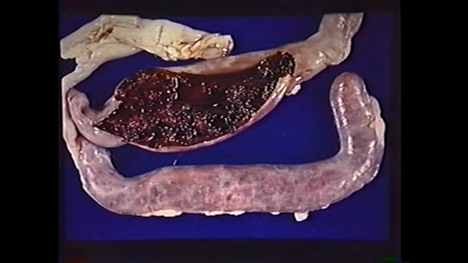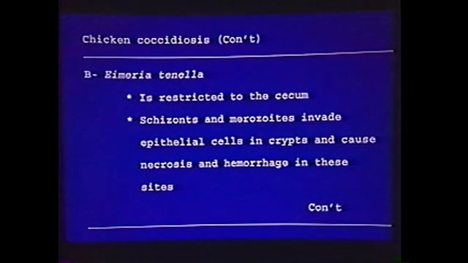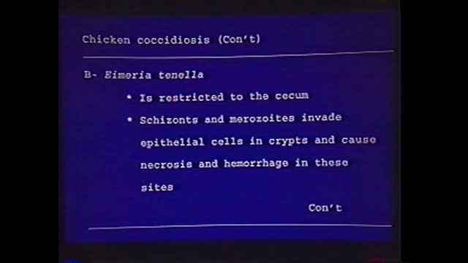Number one diagnosis would be Eimeria tenella. Making a smear here, you can find the oocysts, and that confirms the diagnosis. Eimeria tenella is restricted to the cecum. Again, because the parasites proliferate deep in the crypt epithelium, it causes rupture of blood vessels and hemorrhage in the area.